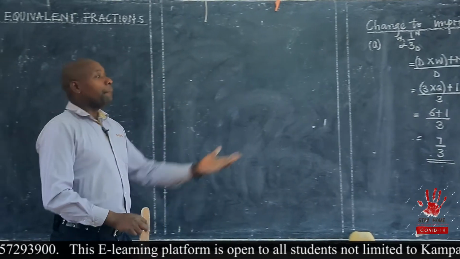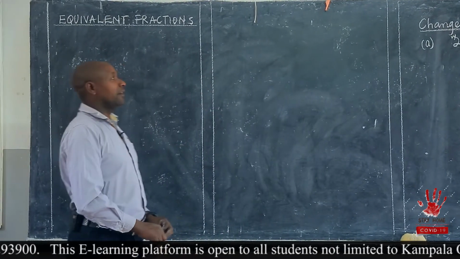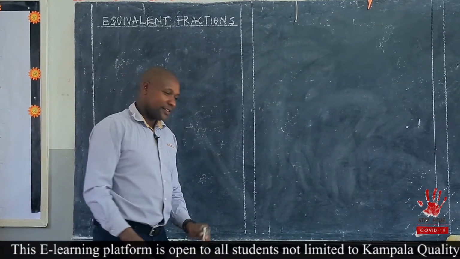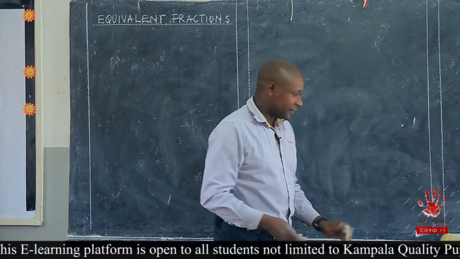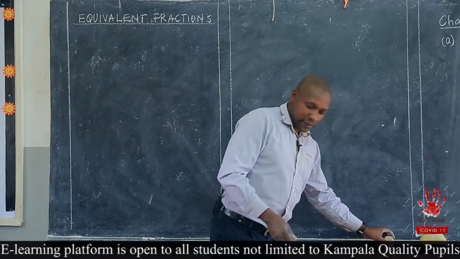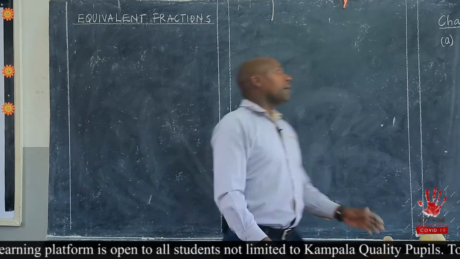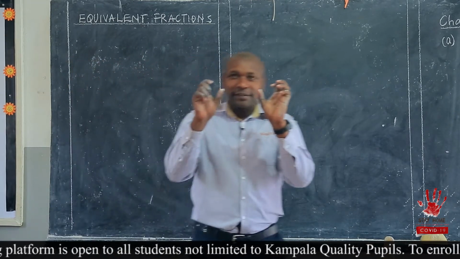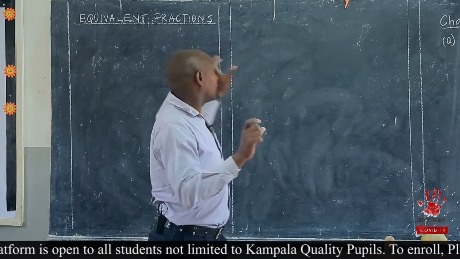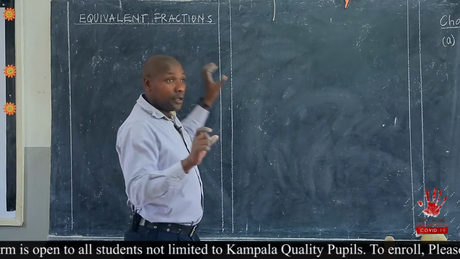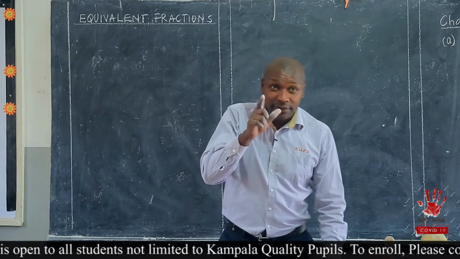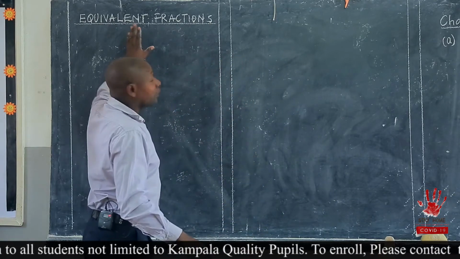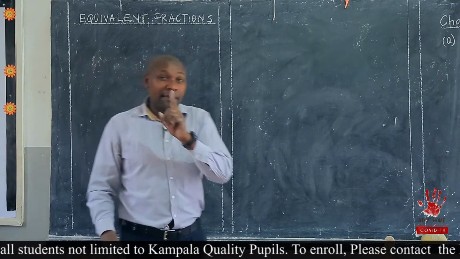Back to today's lesson, we have equivalent fractions. Everybody say equivalent fractions. But before we go to equivalent fractions, let's look at what you are supposed to have learned by the end of this lesson. You must learn what equivalent fractions are and describe them.